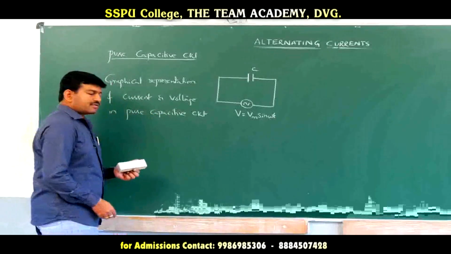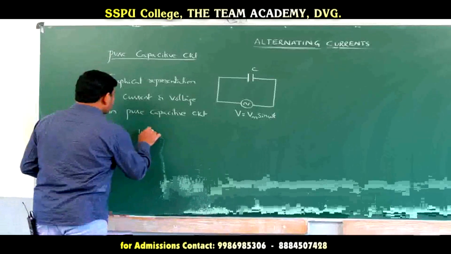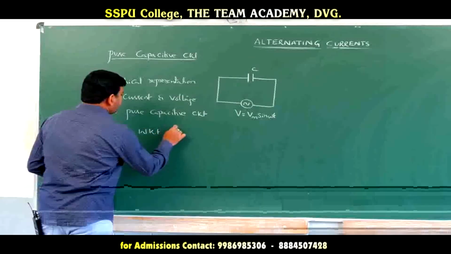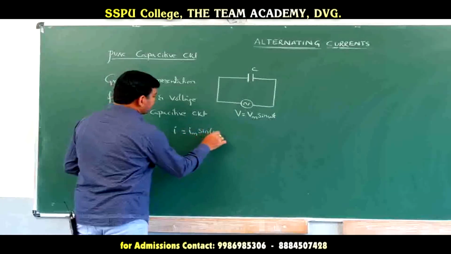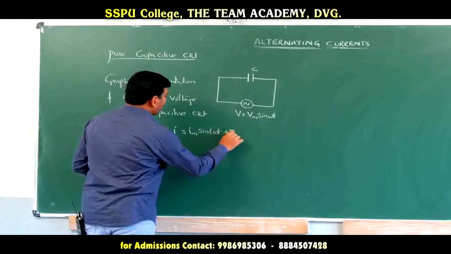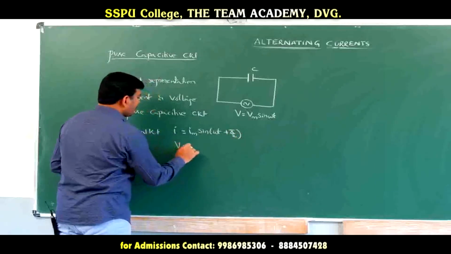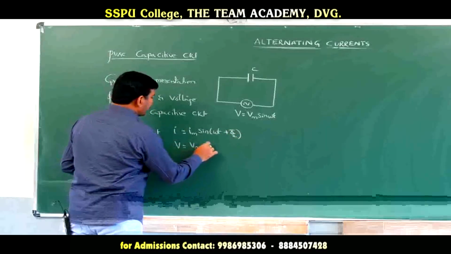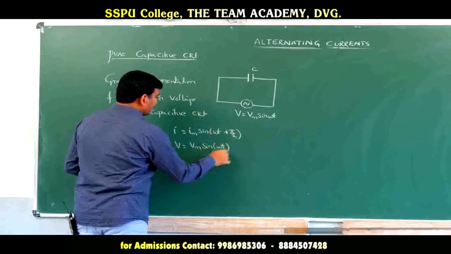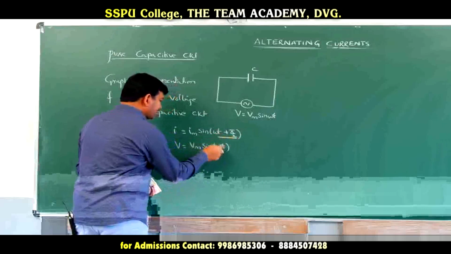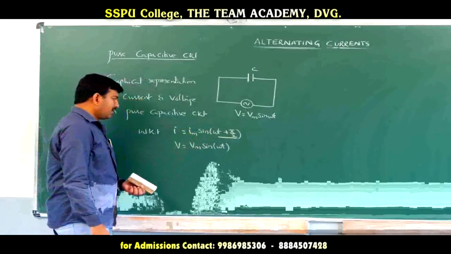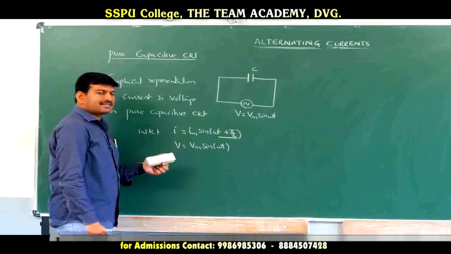In this pure capacitive circuit, we know that current is given by I is equal to Im into sin omega t plus pi by 2, whereas the voltage is given by V is equal to Vm into sin omega t. If you see the two terms here, this is leading this value by 90 degrees. So current is leading and voltage is lagging.